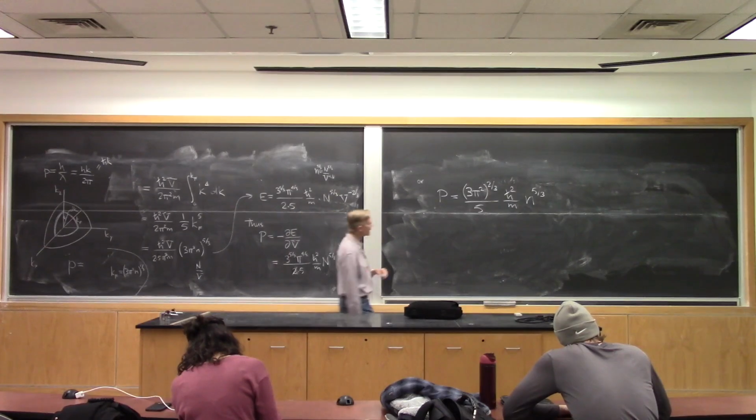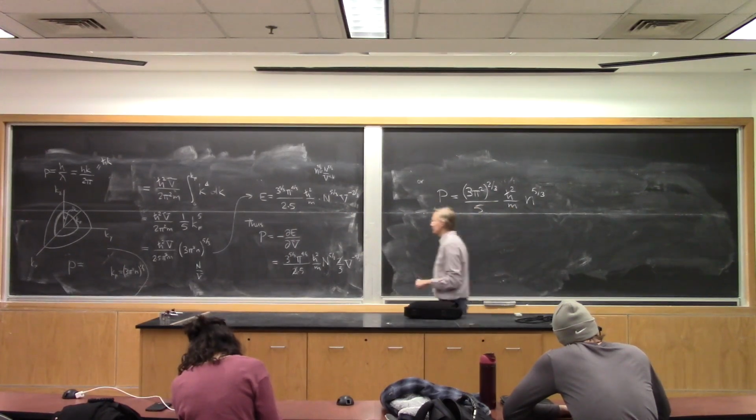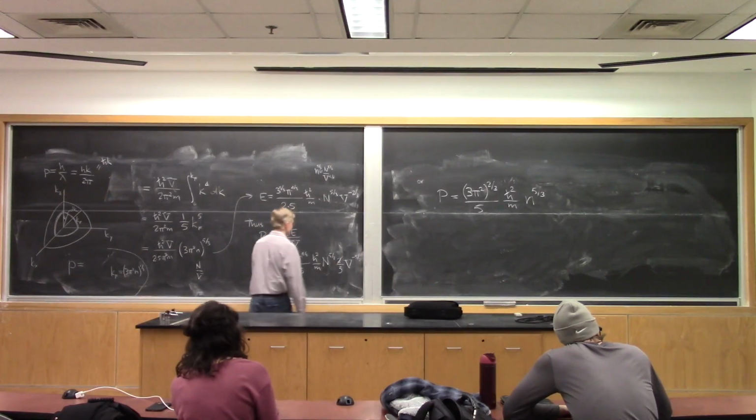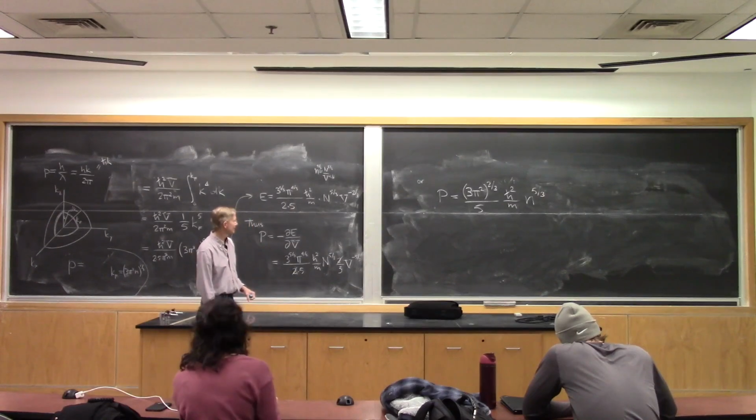So little n to the 5/3. And I get 3 to the 2/3 because we've got 3 to the 5/3 over 3 to the 3/3. So that's 3 to the 2/3.